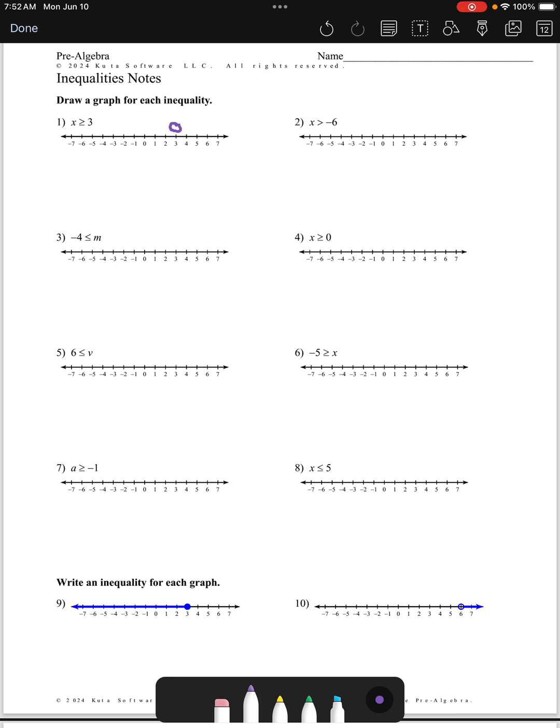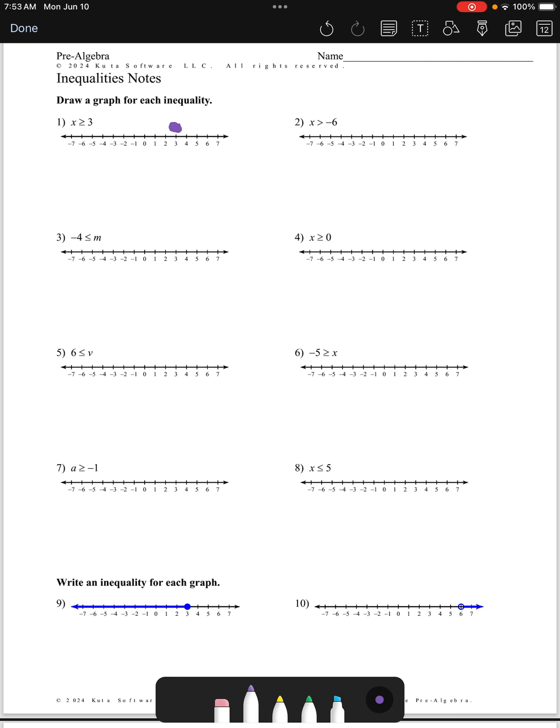The first decision is whether or not to fill in that circle. The circle gets filled in when 3 is part of the group. And what I mean by that is, does the inequality say or equal to? X is greater than or equal to 3.